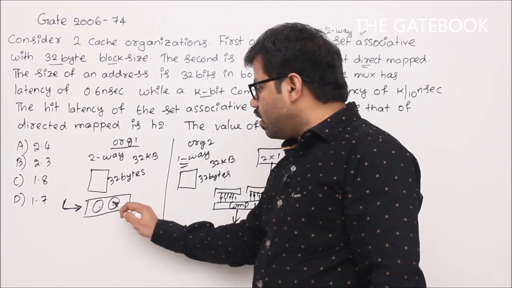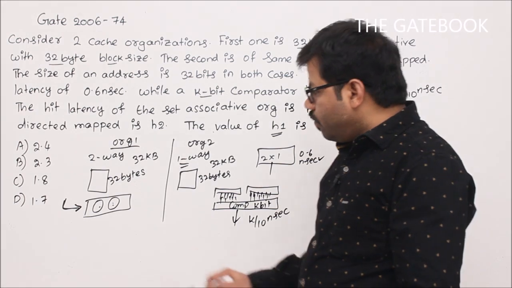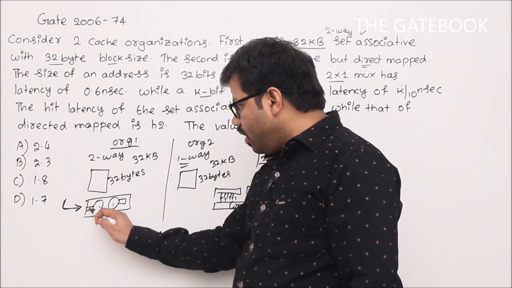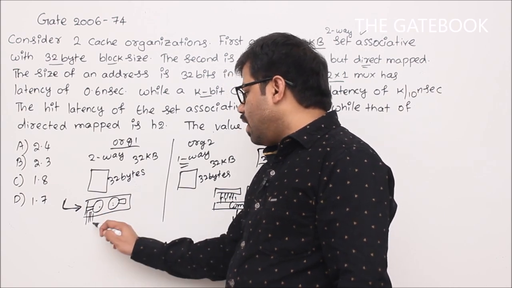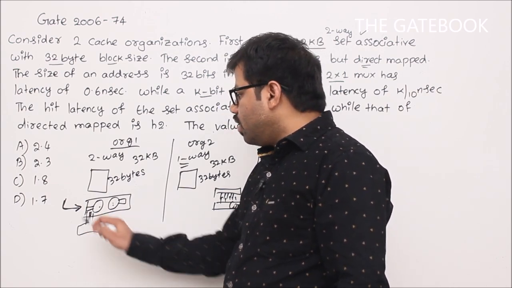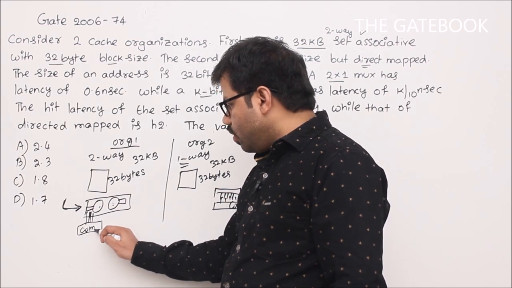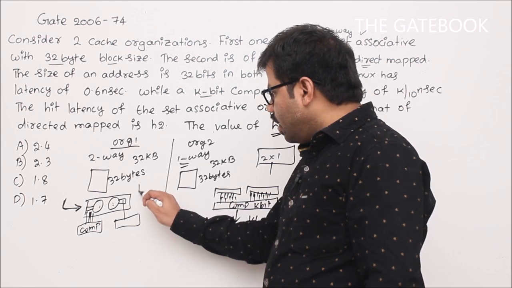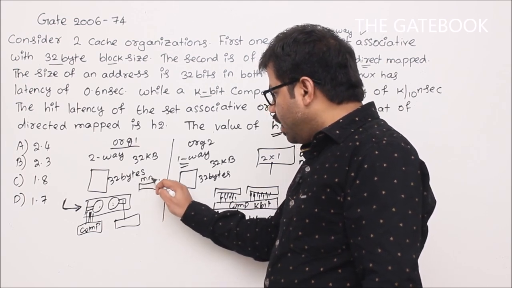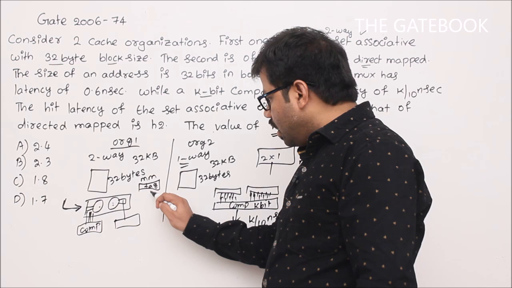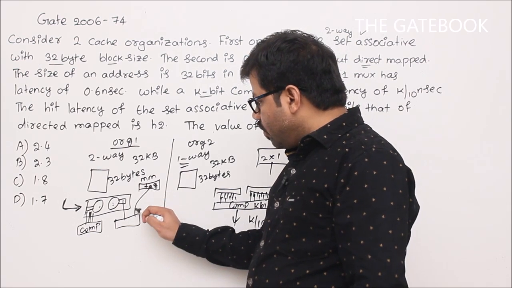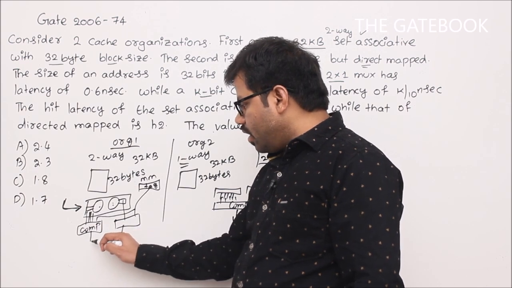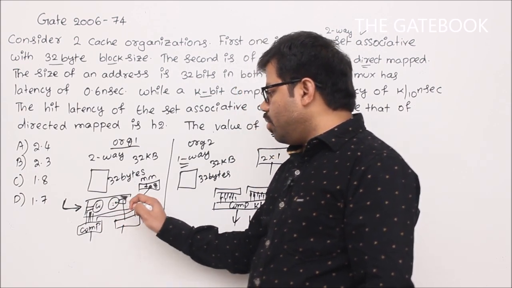To decide which one is correct, each block has a tag field, and these tags will be compared against our tag. So there will be a comparator here, and another comparator here. In the main memory address there will be a tag field, connected to both comparators, so that both work and decide whether the data is available or not.